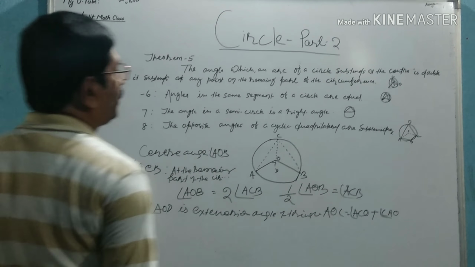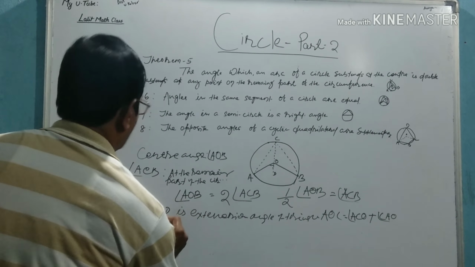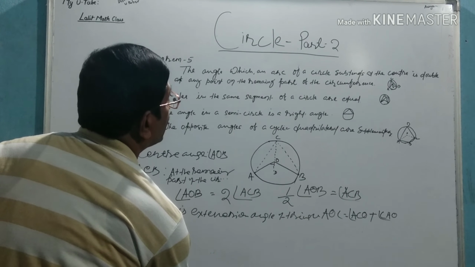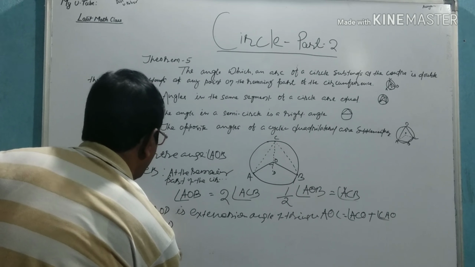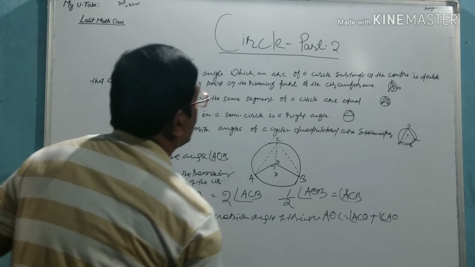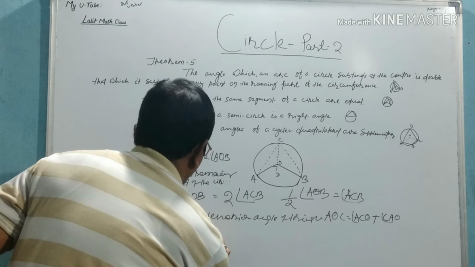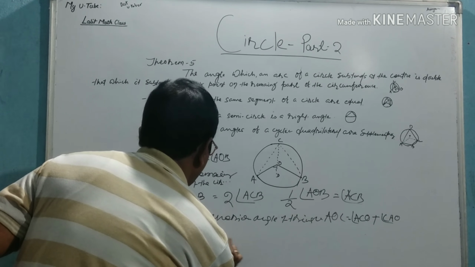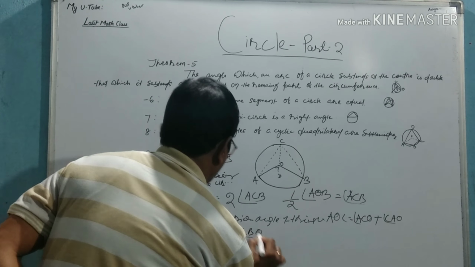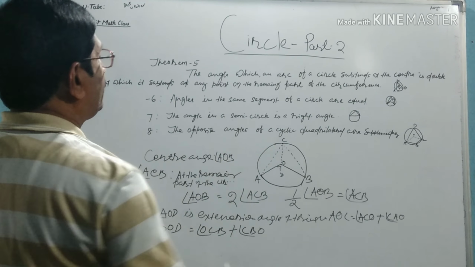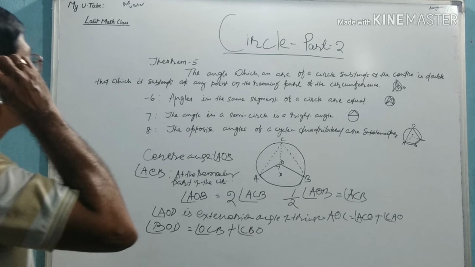In a similar way, we can prove in triangle BOC that angle BOD is equal to OCB plus CBO, because BOD is an exterior angle of triangle BOC.